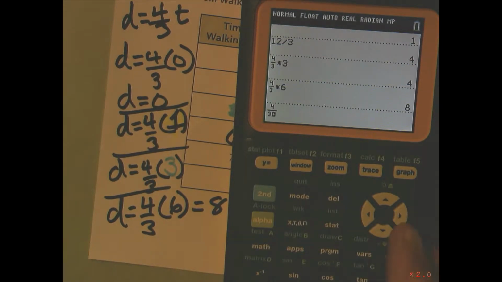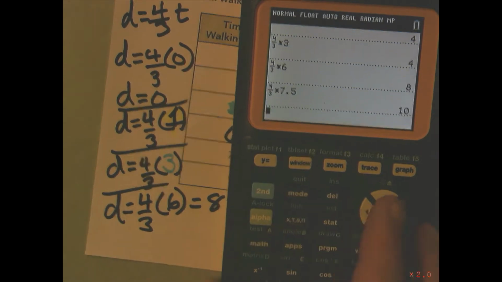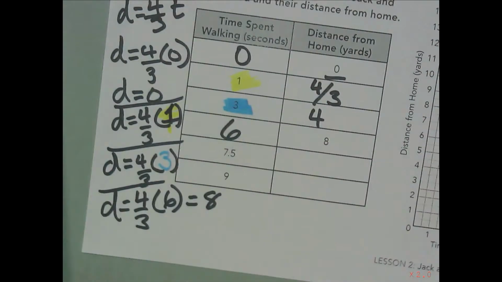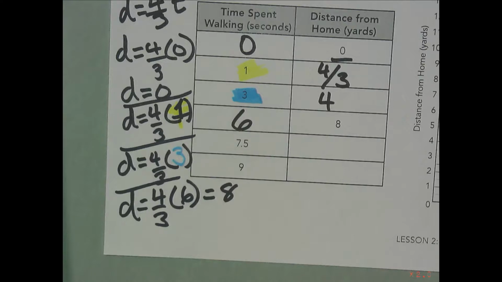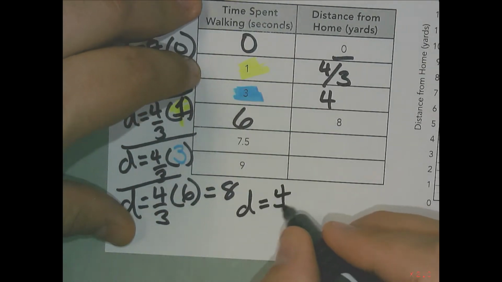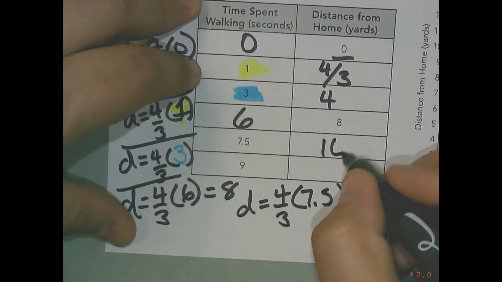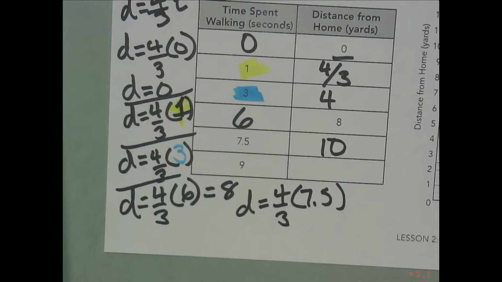I'm going to say 4/3 times 7.5. What do I get? 10. In other words, if I say d equals 4/3 times 7.5, I will get 10.